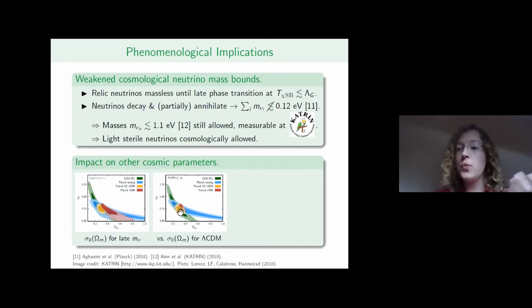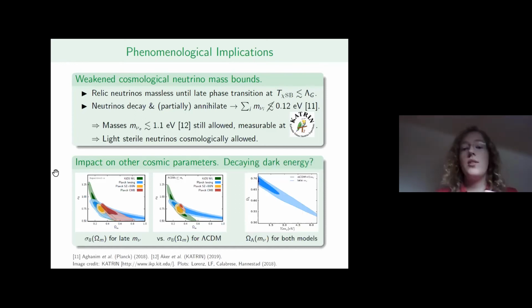And the same is true for the Hubble tension, which is the most famous cosmological tension. The model is not really alleviating the tension, so this is something we checked. Another thing we checked is what kind of impact this has on the dark energy parameter, and here we see an interesting effect. Because usually if we look at lambda CDM plus neutrino masses, we see that omega lambda is around 0.7.